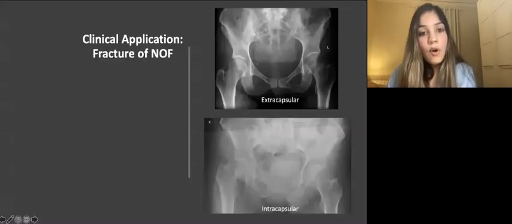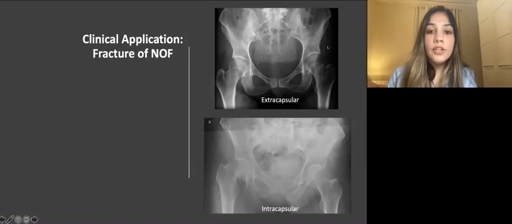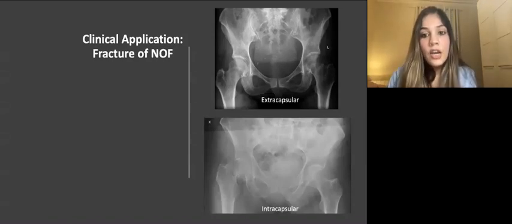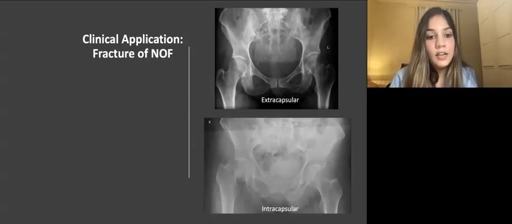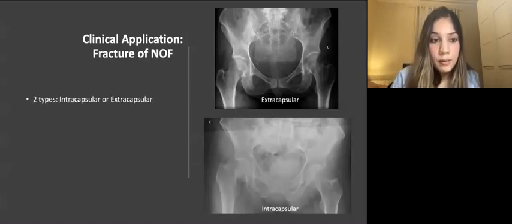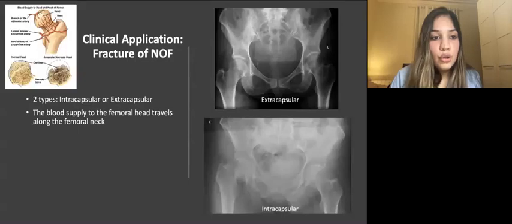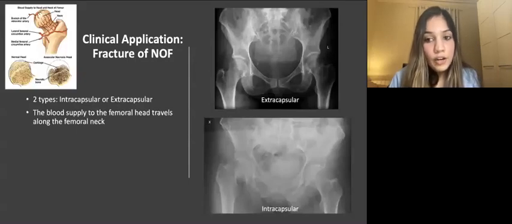And as I said before, the femoral neck is a structurally weak point, which is prone to fractures, seen in a lot of the elderly population, but can also be seen in young adults. You can get two types of fractures: an extracapsular fracture and an intracapsular fracture. An extracapsular fracture happens outside the capsule, so not within this bit.